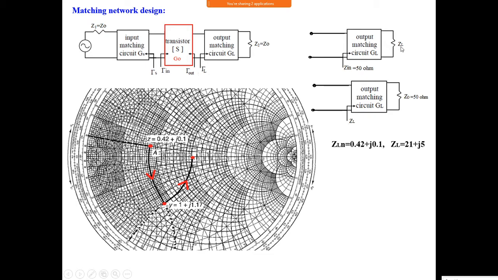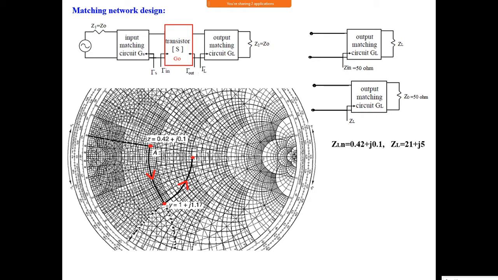ZL is given, I want 50 ohm. How do you design this matching network? This is a previous TLW problem I have taken. ZL is given, for example 0.42 plus j 0.1. This is the load given. Remember, this is the previous TLW, not the present one.